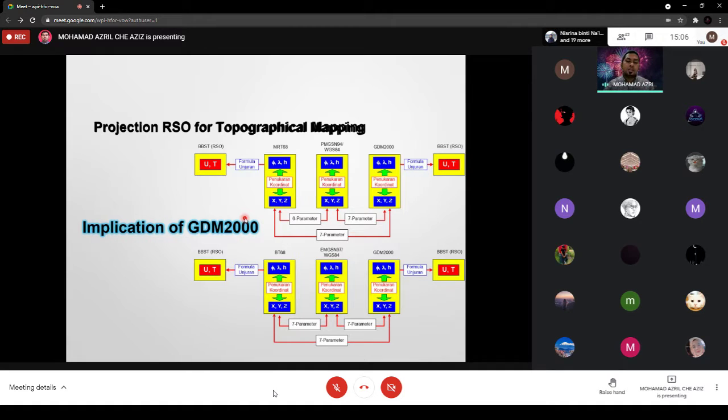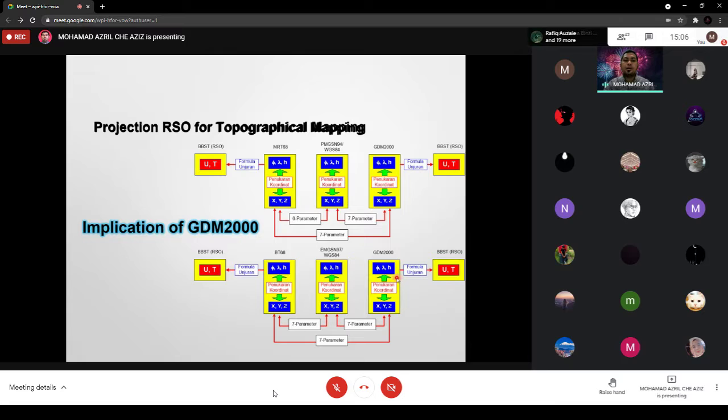You need to set your coordinates into the RSO geocentric. From GDM 2000, you can directly change to the RSO.